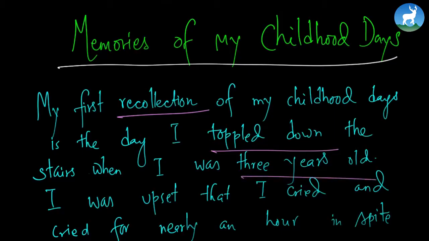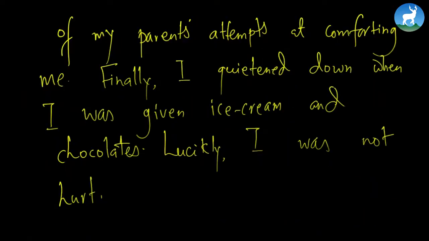So I'm talking about the time I was 3 years old, and when I was 3 years old, I toppled down the stairs. I was so upset that I cried and cried for nearly an hour, in spite of my parents' attempts at comforting me. Finally, I quietened down when I was given ice cream and chocolates. Luckily, I was not hurt. So this is the paragraph.